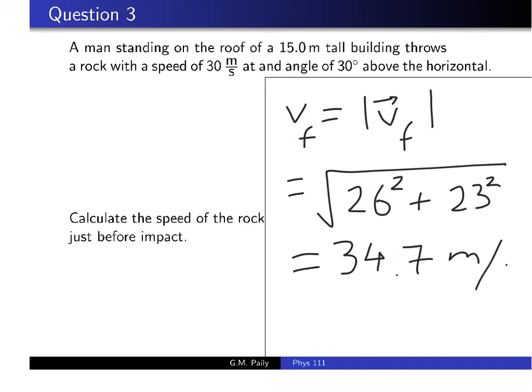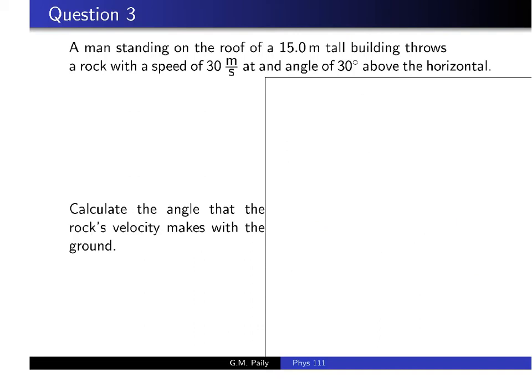We are then asked to calculate the angle that the rock's final velocity makes to the ground just before impact. Once again, we start with the velocity vector. We can see that the rock is moving to the right in the positive x direction and downward in the negative y direction. So it will make some angle below the horizontal. We can use a simple right-angled triangle to figure this out.